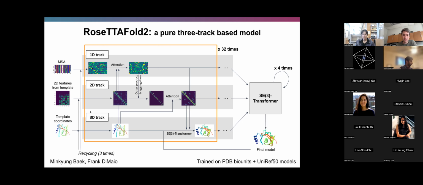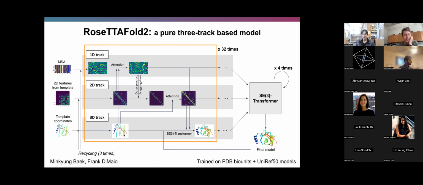And these actually receive bias from the 3D track. So you create an embedding of the structure, you bias back the sequence embedding based on the structure embedding, and then you do the same thing all around. So you take the 1D information, you bias the 2D information, which represents pairwise distances and angles.